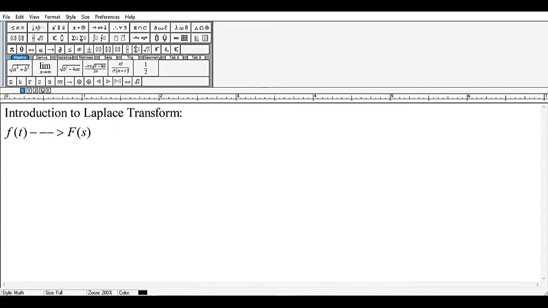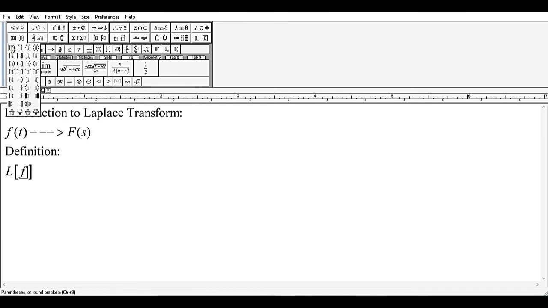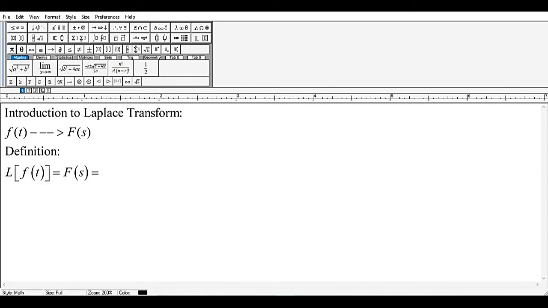Next comes the point of how Laplace transform is mathematically defined. Mathematically, Laplace transform is defined in the form of an integral, and for any function f(t), Laplace transform is defined as L of f(t), which is also denoted as F(s).